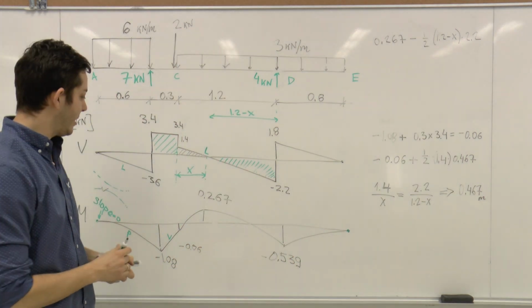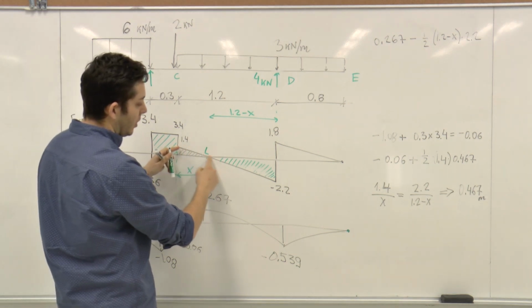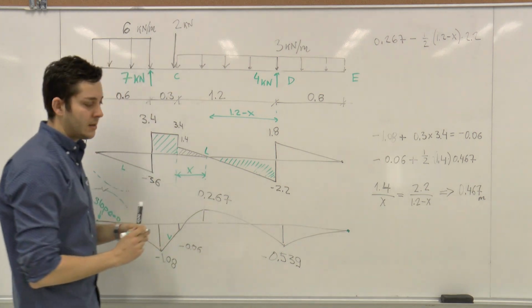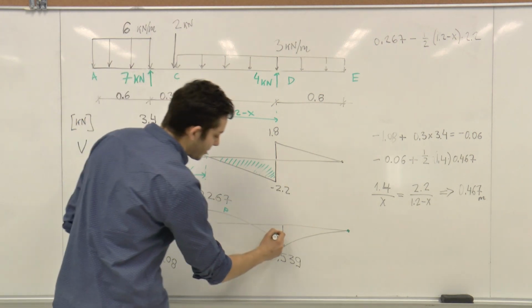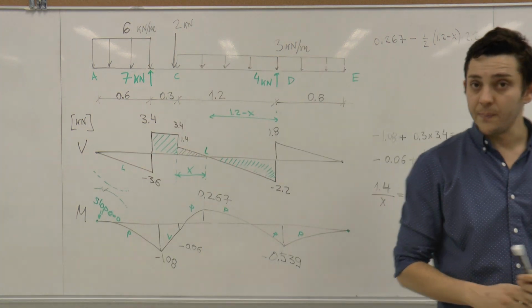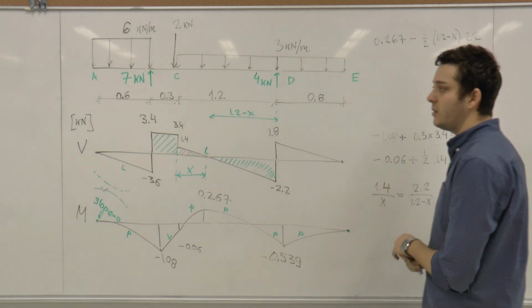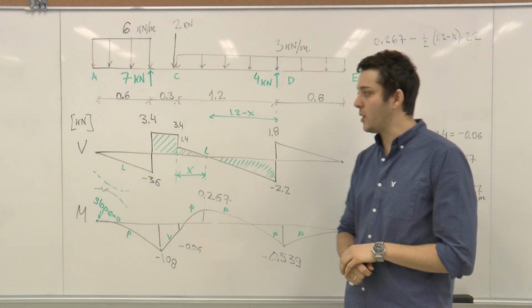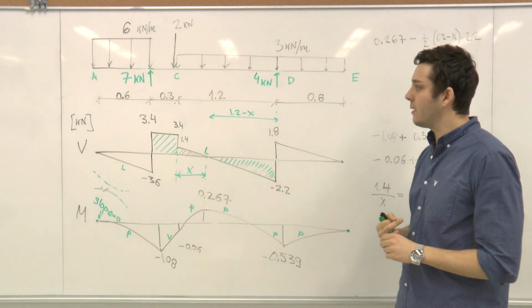Now we will show where we have parabolic and where we have linear functions. Because all these are linear functions, and all the functions here are parabolic. So this is a very efficient way to answer this kind of questions of shear force diagram and moment diagrams.